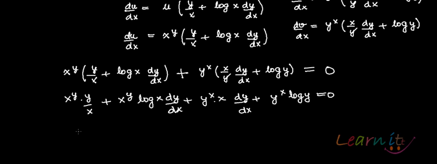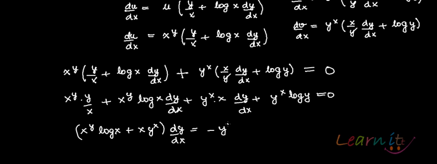So taking all the like terms of dy by dx together, it'll be x to the power y log x plus x into y to the power x, dy by dx, equal to, taking all the terms without dy by dx to the other side of the equation, minus y to the power x log of y minus x to the power y x by y.